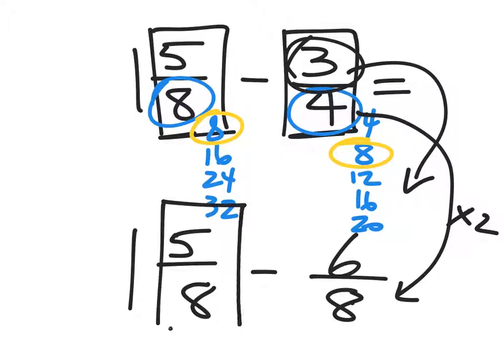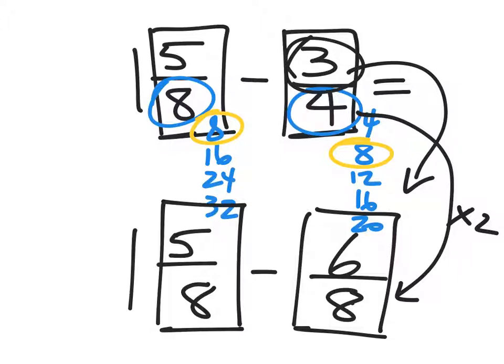Beginning with my fractions, 5/8 minus 6/8. Well, if I only have 5/8, can I take away 6/8? The answer is no. But I can borrow. Just like I would in a subtraction problem involving whole numbers, I can move to the next place value and borrow.